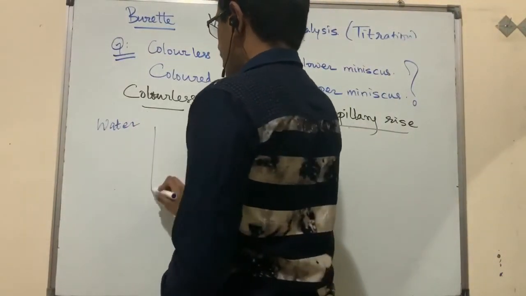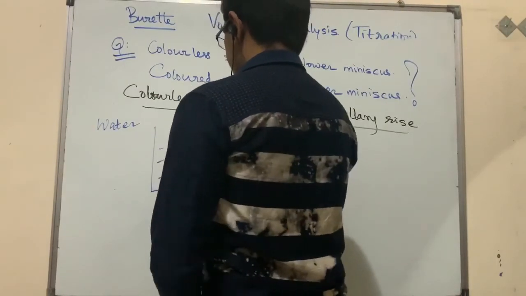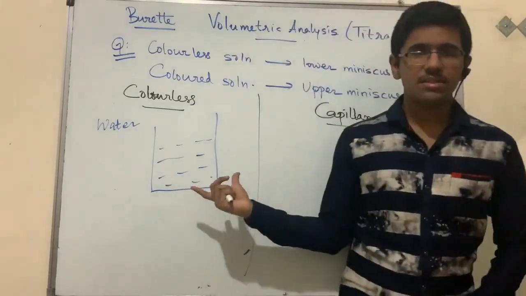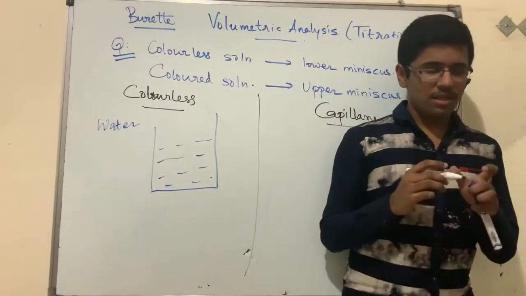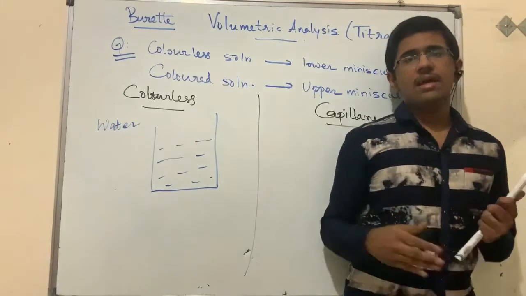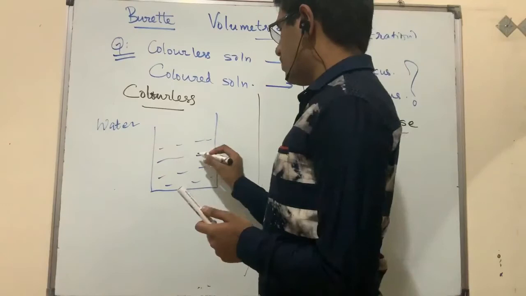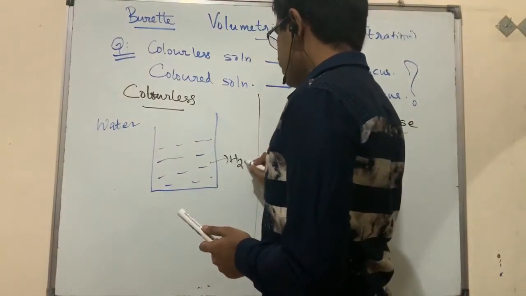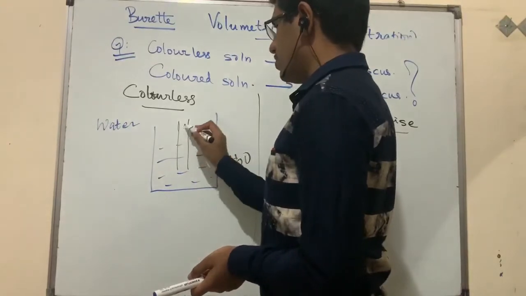If we are taking a beaker, this is not a burette, just a beaker, but imagine any type of capillary tube. Here I am just explaining the fact behind this. In a beaker you are filling water, and you are introducing a capillary tube, a very thin tube.